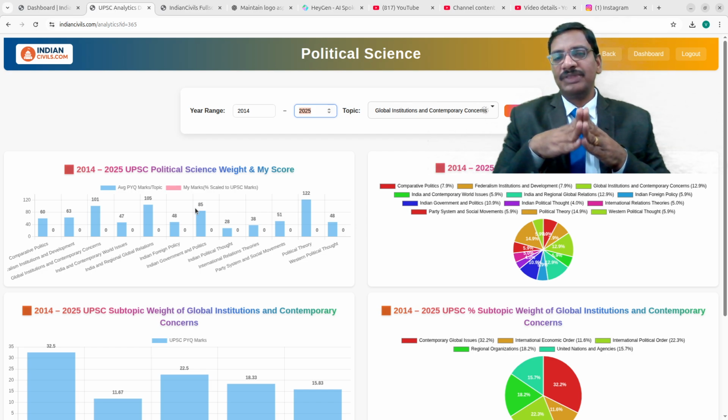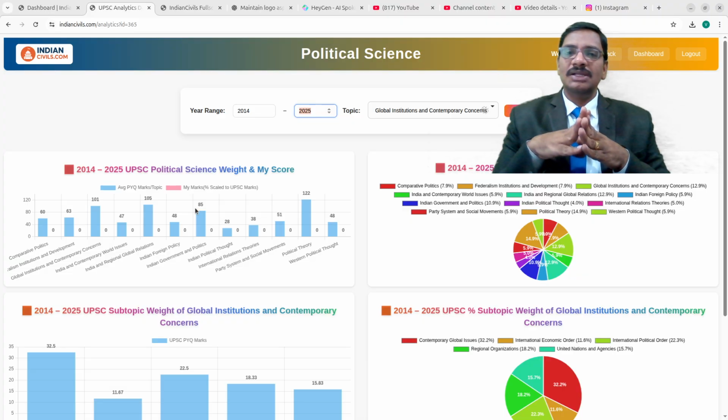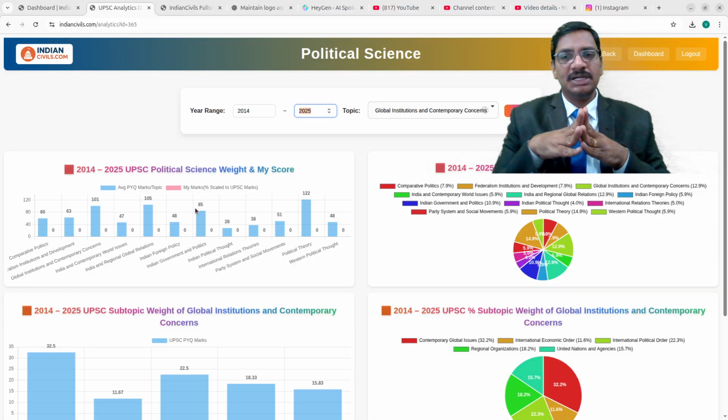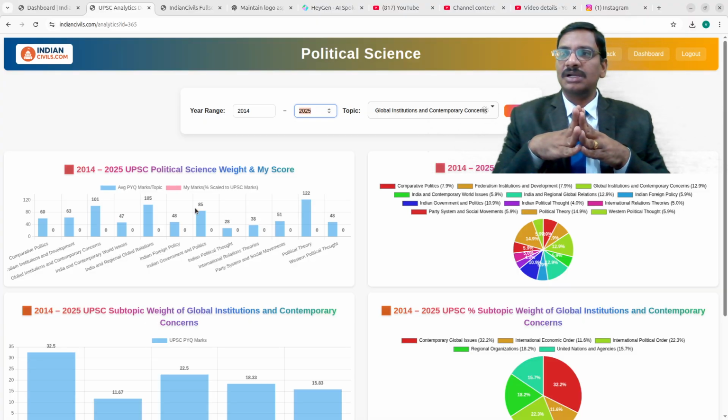So the international relations part is 105, and political theory is 122. As I said earlier, political theory is purely static content, and this international relations part is mostly dynamic content, though a little bit of static part is there. And there is another topic, global institutions and contemporary concerns, which is also getting 101 marks.